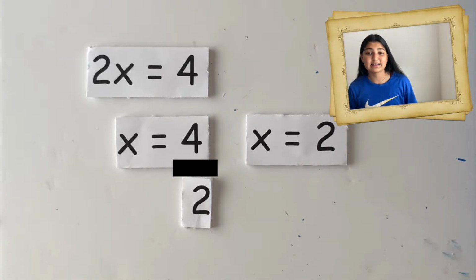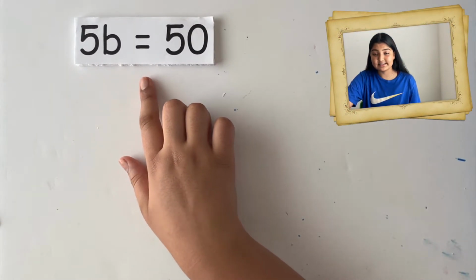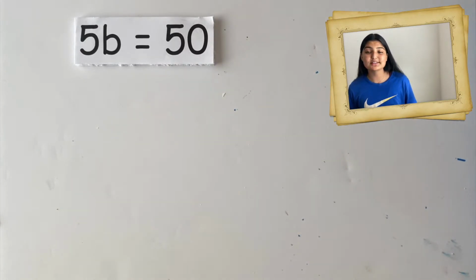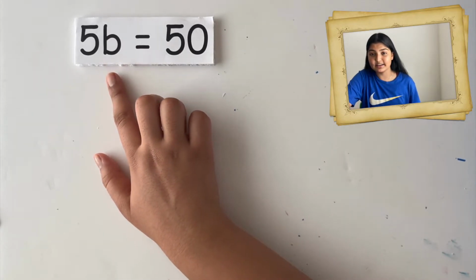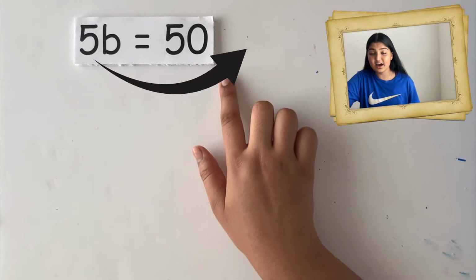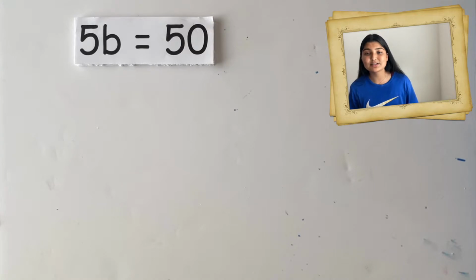Let's look at a similar example. 5b is equal to 50. In order to solve this equation and find the value of b, we need to take 5 to the other side of the equal sign. So let's rewrite this equation.